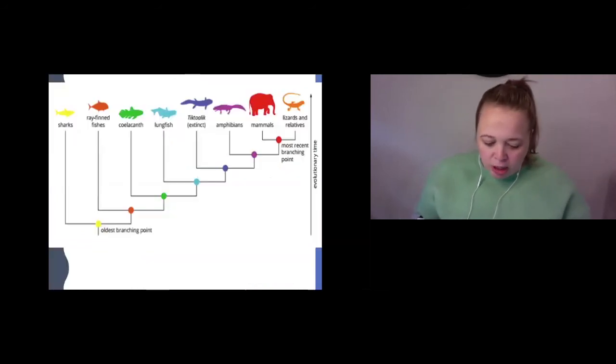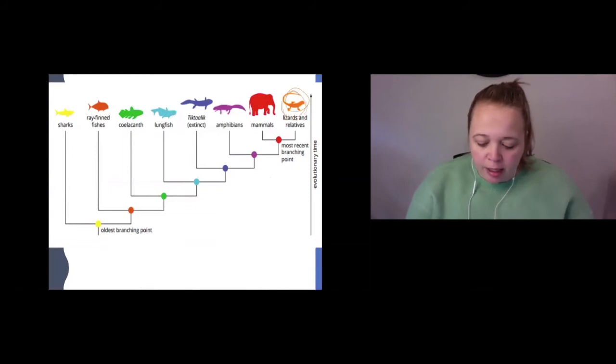So you should be able to do that on just about any tree. You would say here that the lizards are most closely related to the mammals because they have the most recent common ancestor.